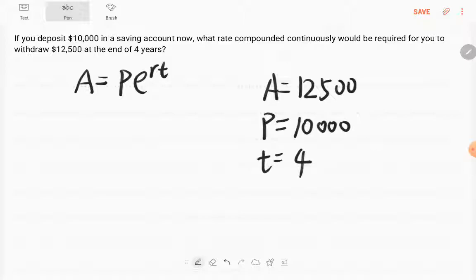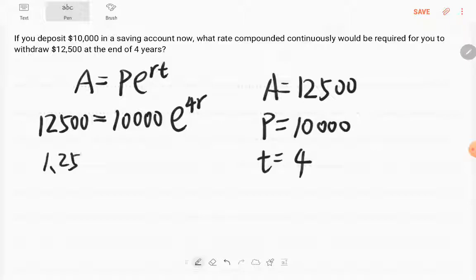So we plug in everything. So this would be 12,500 equals 10,000 times e to the 4 times r, right? So we divide by 10,000, so you have 1.25 equals e to the 4r.